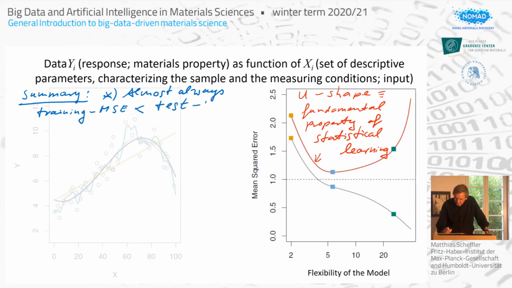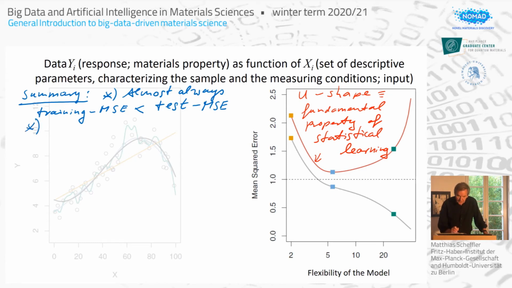I think this is plausible because we did the best we can do in fitting the training data. There could be some exceptional cases where we reach the equal case, but this is very unlikely. But of course, it's not excluded. Typically, the difference between training MSE and test MSE tells us also about the quality of the fit.